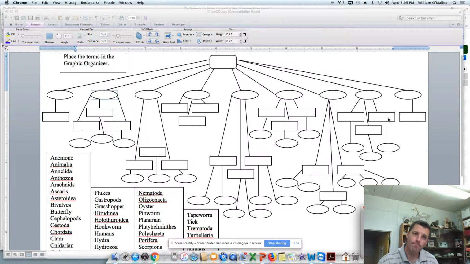Third one, Jackson. We had Asteroidea and Holothuroidea. Echinoidea, and what's that include? Sea urchins. And this last phylum is Chordata, and what was the example of a chordate?